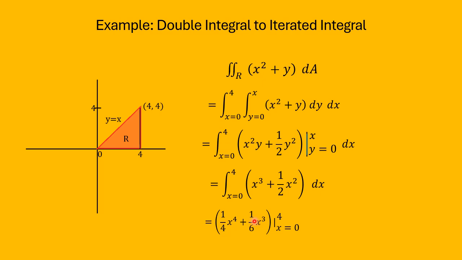And by the fundamental theorem of calculus, we evaluate this antiderivative at x equals 0 and at x equals 4, and then subtract those two values that we get. And what we get, you can check this in your spare time if you want, is 64 plus 64/6, and that simplifies to 224 over 3.